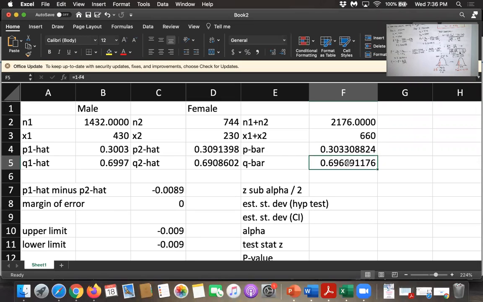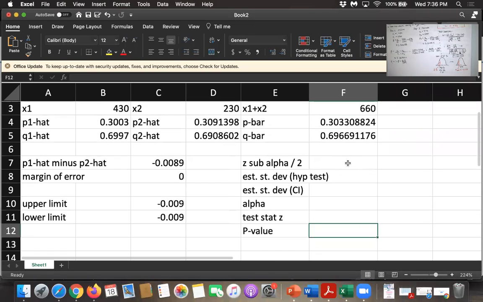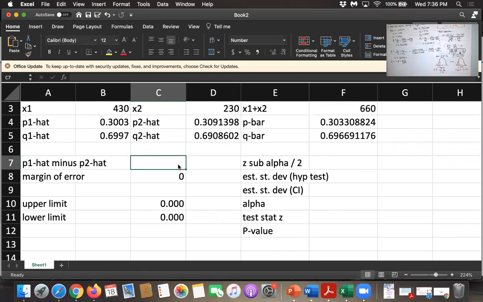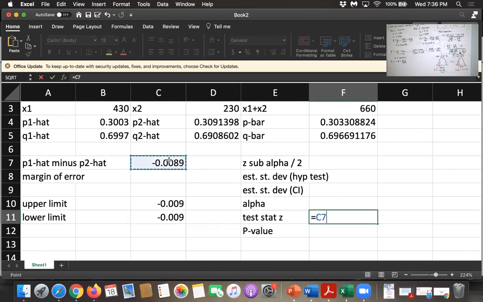Now to compute the test statistic, what I want is P1 hat minus P2 hat. And this is actually already populating. So I want to show you how to get Excel to compute that. So we'll type equals, and then we'll do P1 hat minus P2 hat. We've got that value right there. So our test statistic has that minus 0 in the numerator.